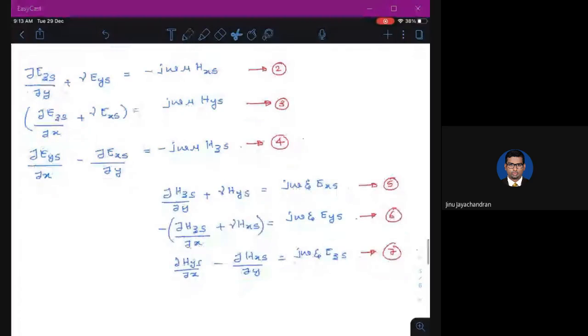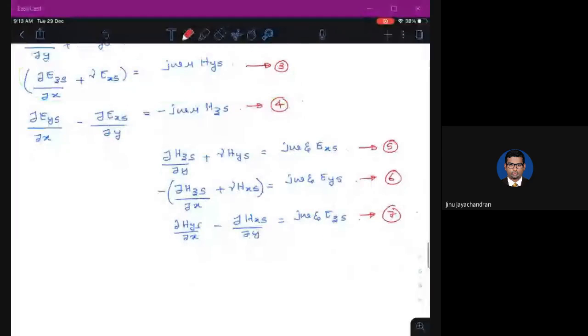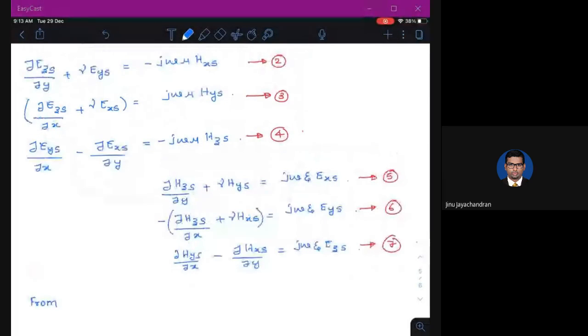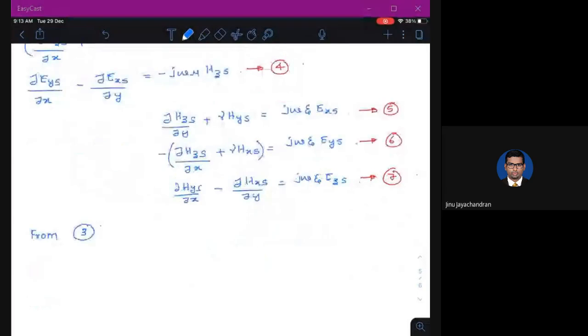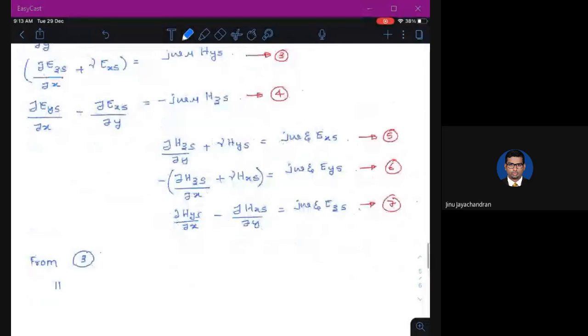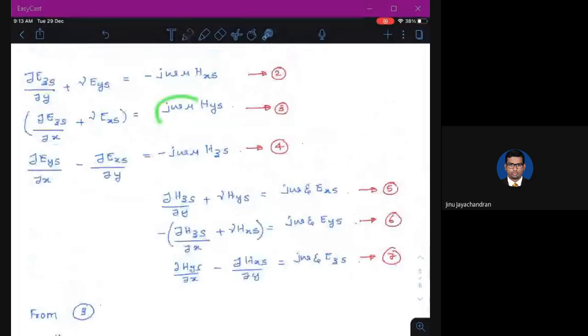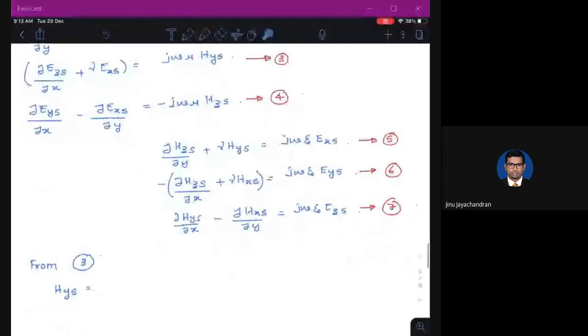So from 3, which is this one, you have HYS is equal to, just bring this j omega to this side, so you'll have 1 by j omega mu into dou EZS by dou X plus gamma EXS. Okay, let's say this is equation number 8.